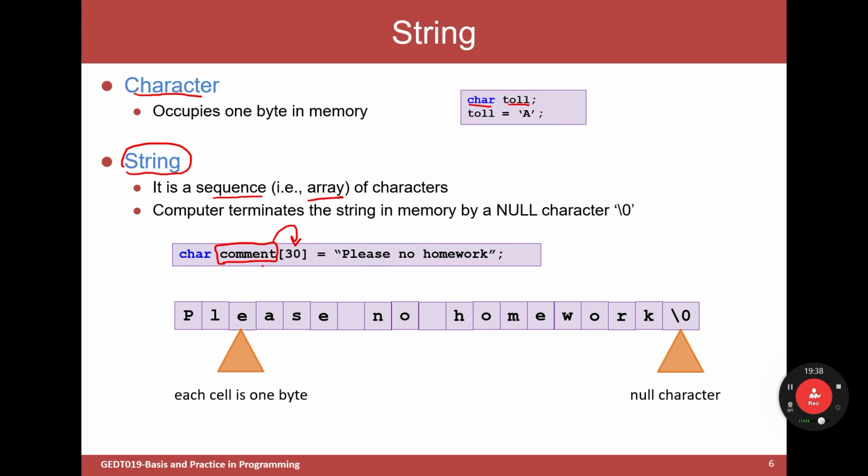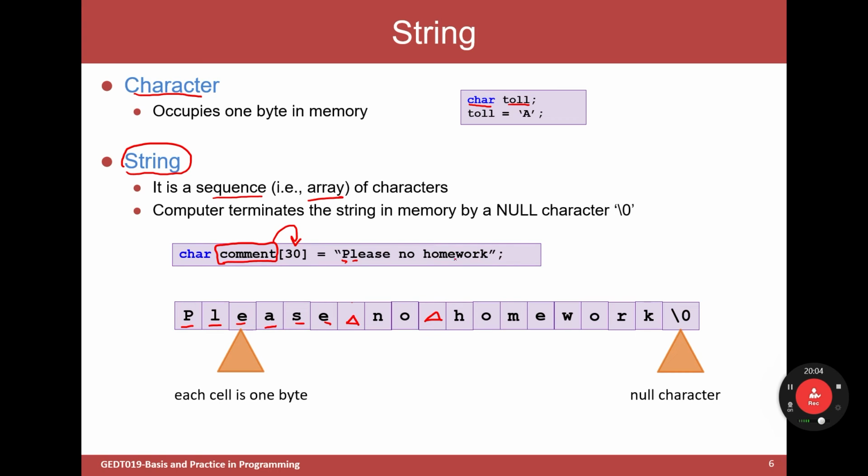I reserve 30 characters in the computer, and then I say those characters are like this: P, L, E, A, S, E, then a space, and then the next word, and then a space, and then homework.